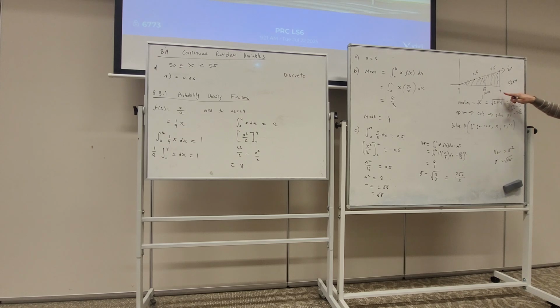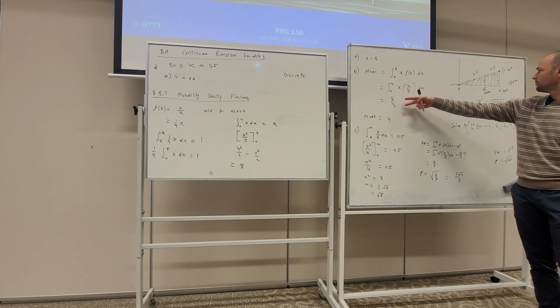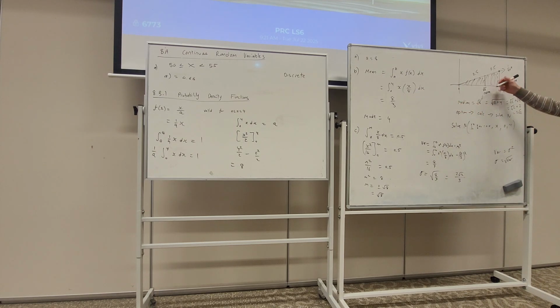The median is 2 root 2, that's the mode. And our mean was 8 on 3, which is 2.6. So notice how there's a difference amongst those values as measures of average. For now, just notice that they're different.